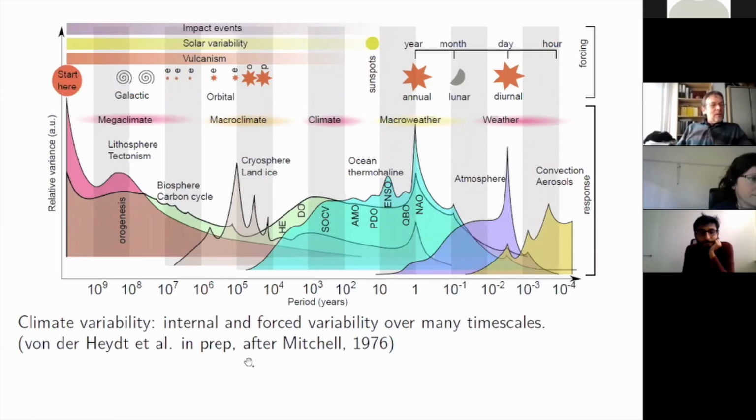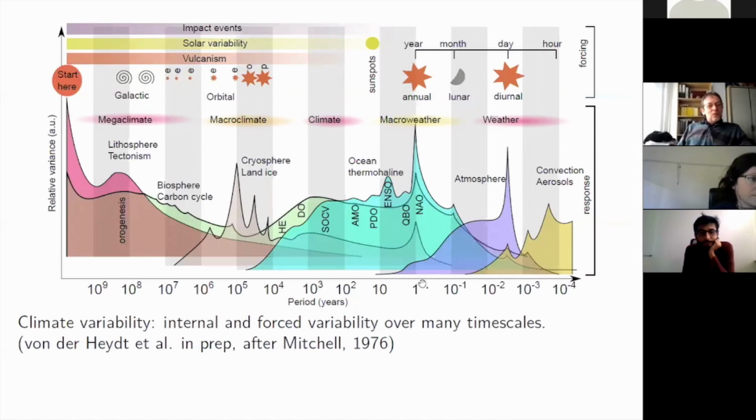This is something which is in a draft of a paper that hopefully will go in the next couple of months, where it shows the various different processes going on in the climate system, ranging from volcanic activity through to atmospheric aerosols.